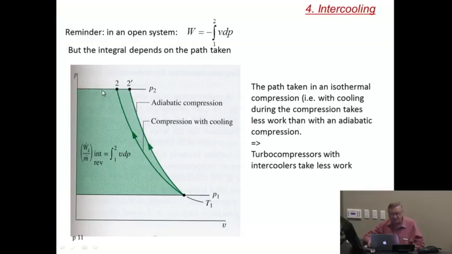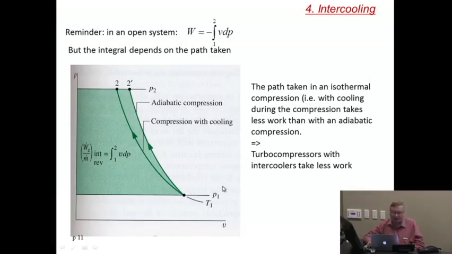And you can see that the work along this path is smaller than the work along the path to 2 prime. So basically, if you could make an isothermal compression instead of an adiabatic compression, it would cost you less energy. That compressor would take less work. Good.